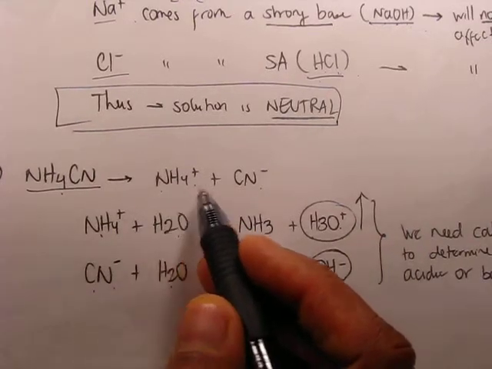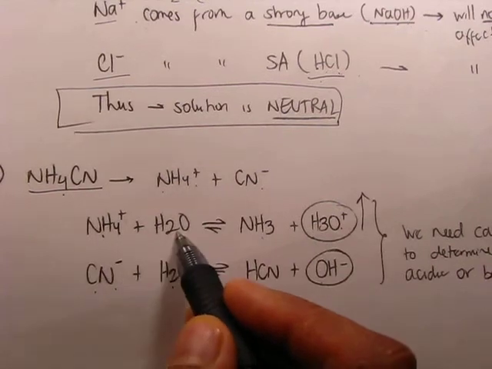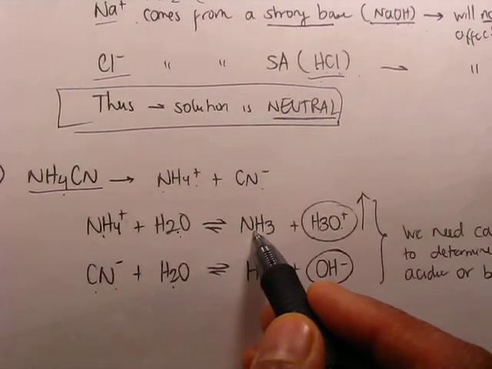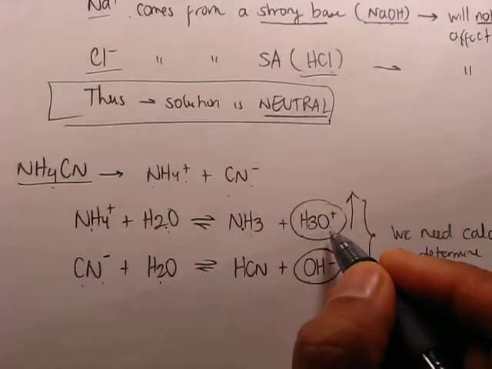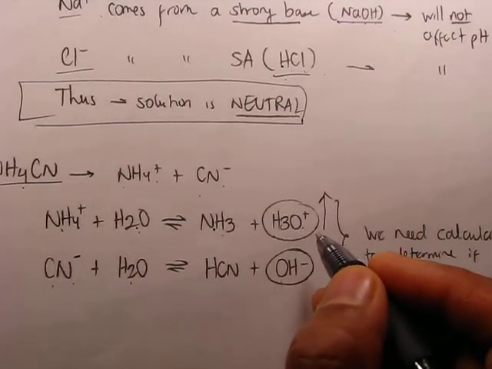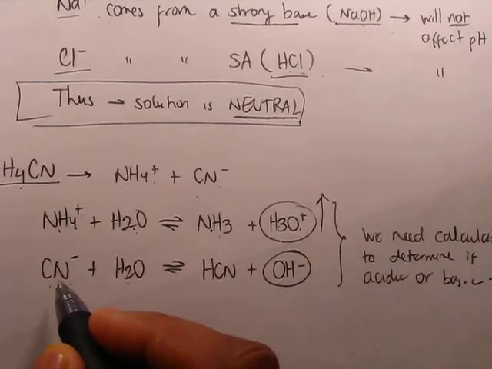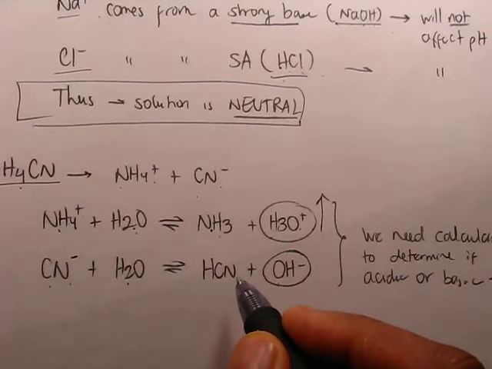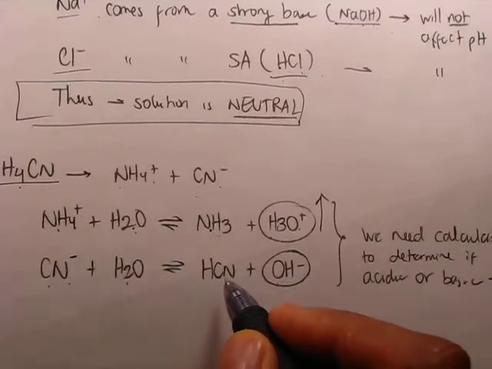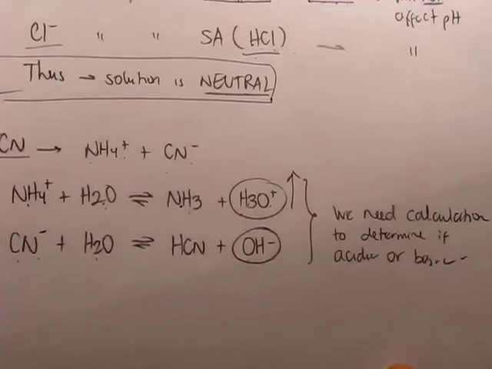Let's dissociate ammonium cyanide into ammonium ion and cyanide ion. Ammonium ion reacts with the water and forms the weak base ammonia, and hydronium ion will increase in the water. And what about the cyanide ion? Cyanide ion will also react with the water to form HCN, which is also a weak acid, and hydroxyl ion.